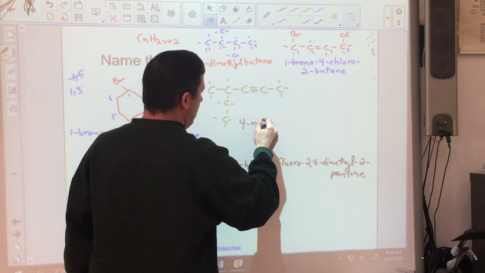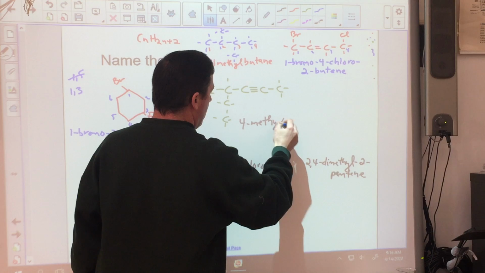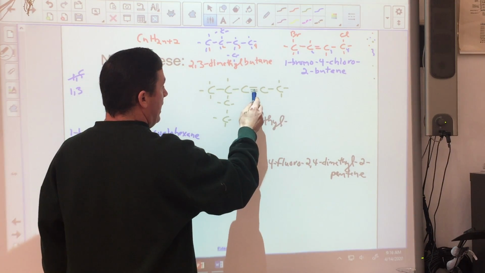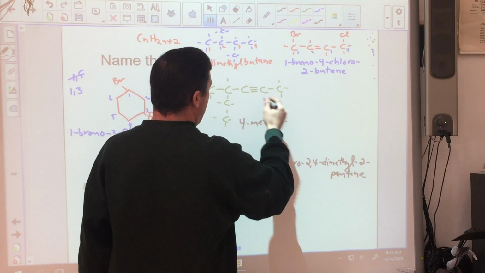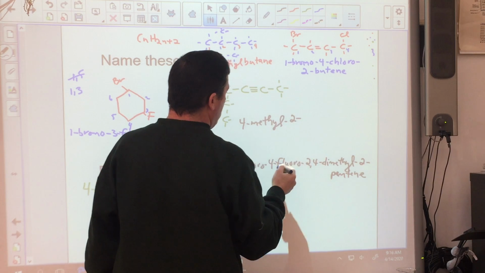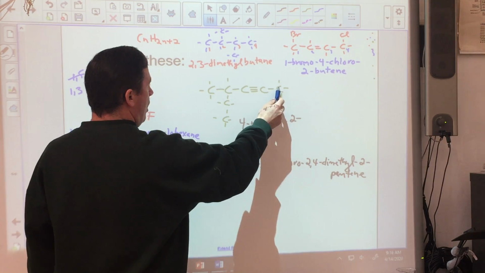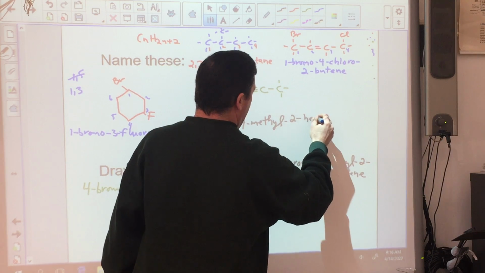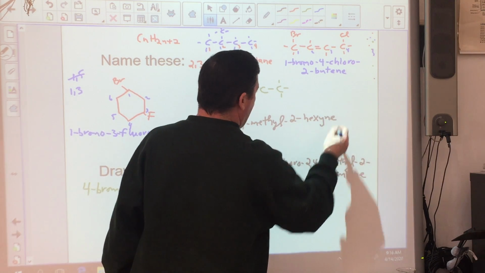So for methyl, and now I have to name my triple bond. So that's at carbon number 2, and what's my long chain? 1, 2, 3, 4, 5, 6, 2-hexyne.